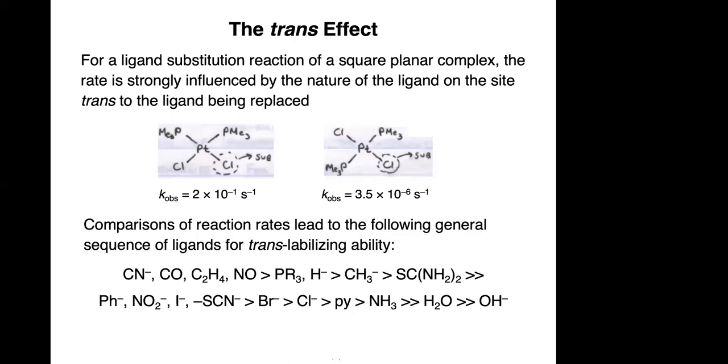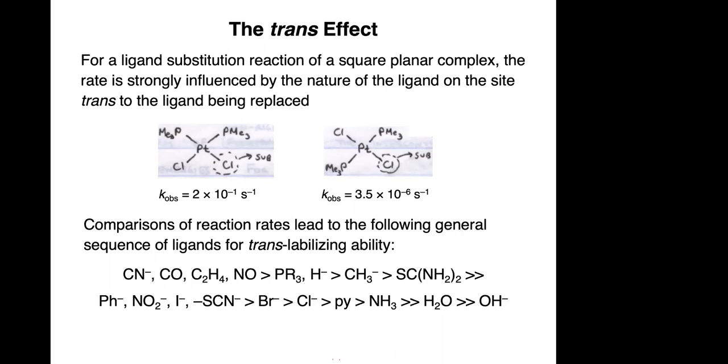And so comparisons like this allow us to arrange various ligands in the order of their ability to labilize the trans ligand. So here, from just comparing reaction rates like this, we can write an approximate series for this trans effect in the general sequence of trans labilizing ability.